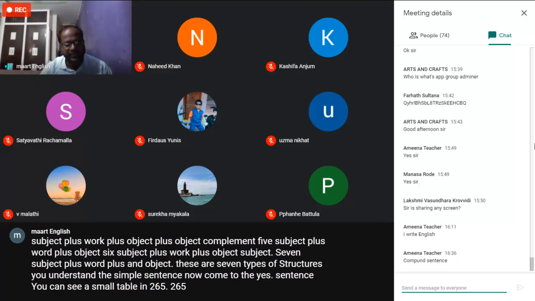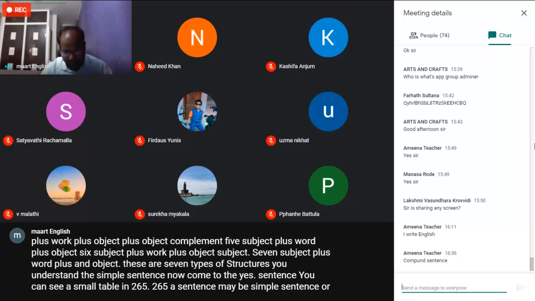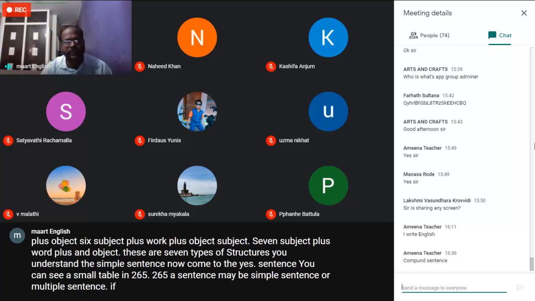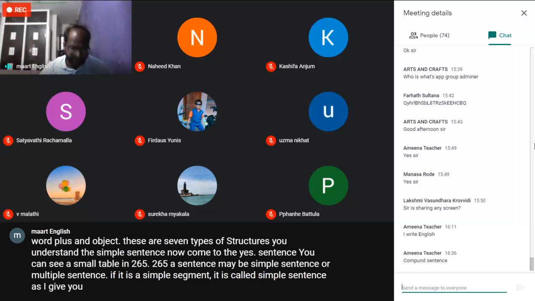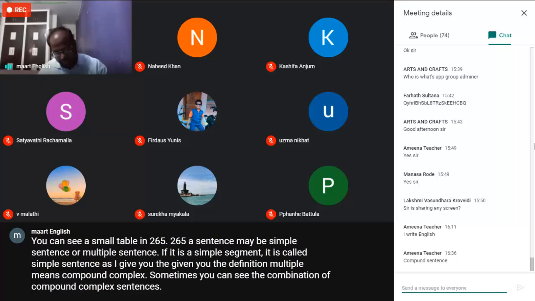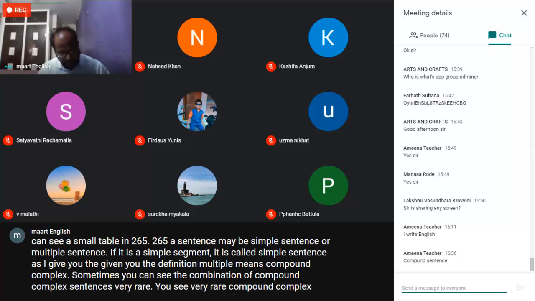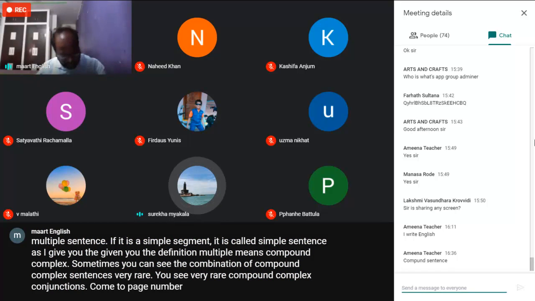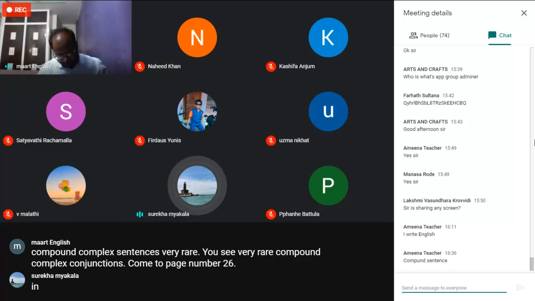A sentence may be a simple sentence or a multiple sentence. If it is a simple clause, it is called a simple sentence, as I gave you the definition. Multiple means compound, complex. Sometimes we can see the combination of compound complex sentences, very rare. Come to page number 266. Excuse me, sir. Can you give a compound complex example, sir?